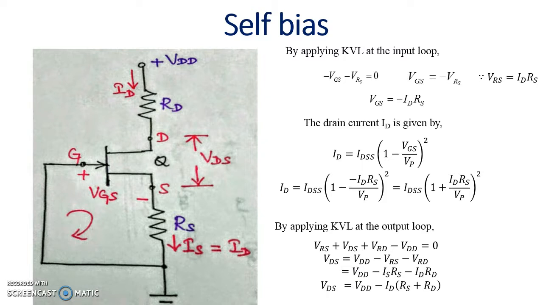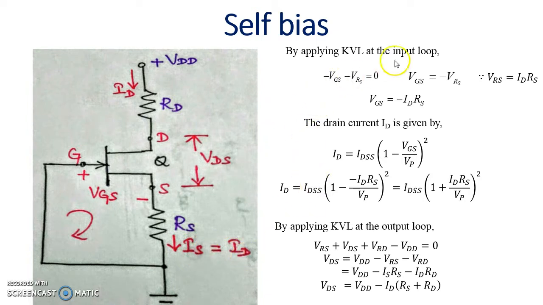Here it eliminates the need for two DC supplies as required for fixed bias configuration. Now VGS is determined by the voltage across a resistor Rs, which is introduced at the source lead of the FET. The current through Rs is Is, but Is is also equal to ID.